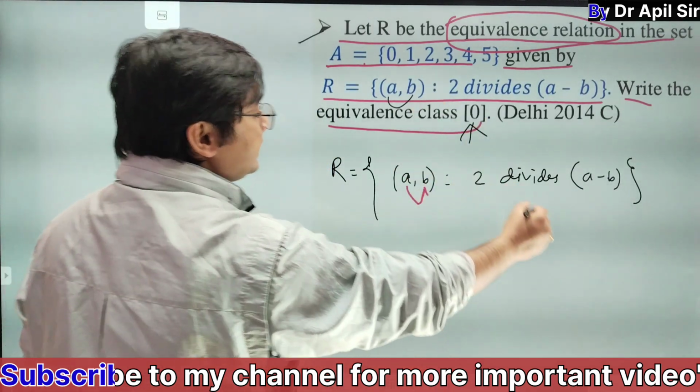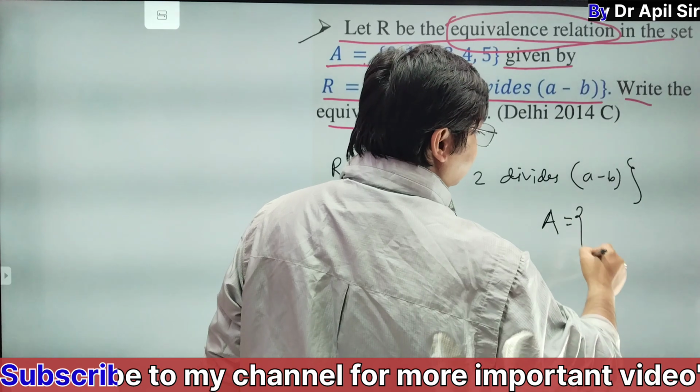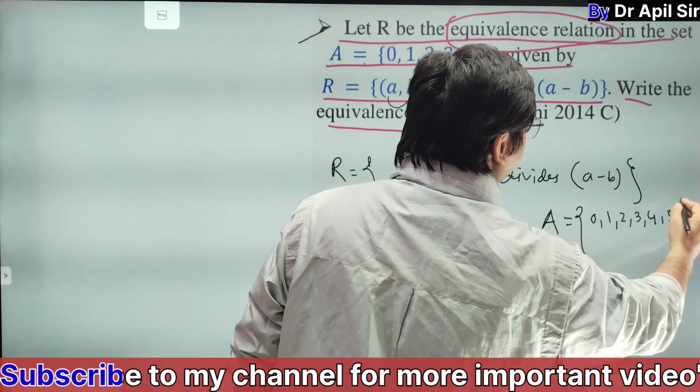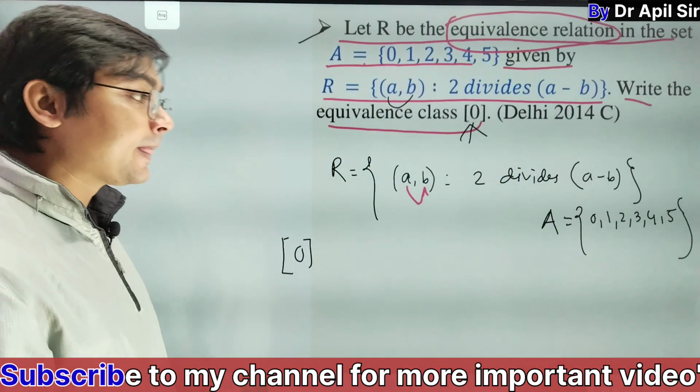Here A is 0, 1, 2, 3, 4 and 5. So you choose the element.